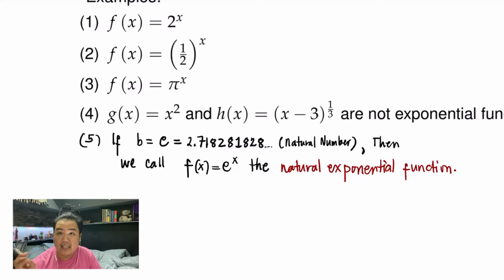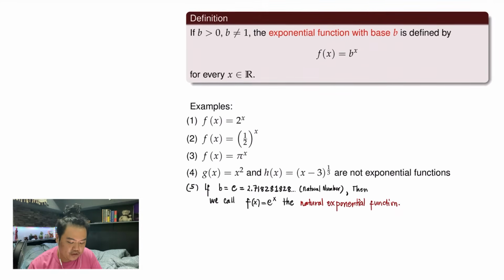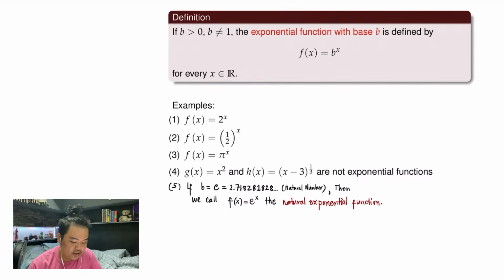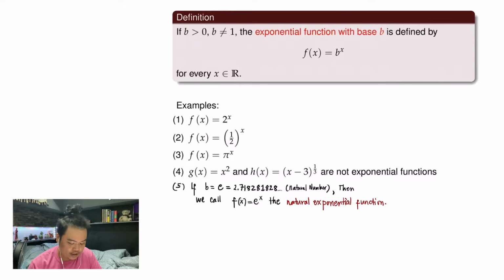If your base is e, the natural number, we call e raised to x the natural exponential function. So, pwede nyo isipin na si e, kapamilya lang siya ni pi na irrational, then 3.14 something something, non-repeating, non-terminating. So, kapatid yan ni pi na irrational din. So, e yung gamit natin na notation sa kanya. E to the x, natural exponential function.